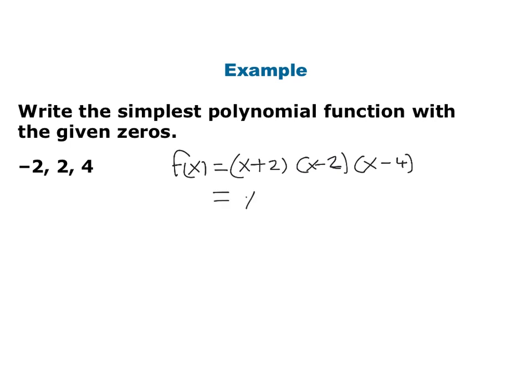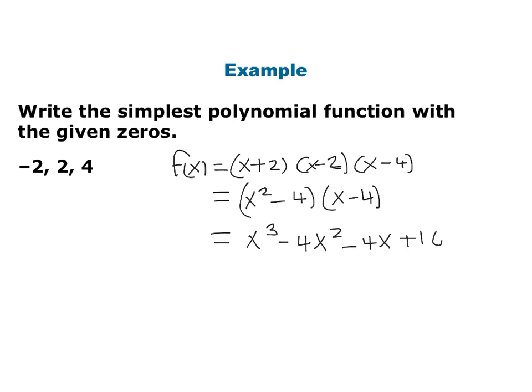Then when we multiply, we get x squared minus 4, x minus 4. So when we multiply this together, we get x cubed minus 4x squared minus 4x plus 16. So that's going to be the equation.